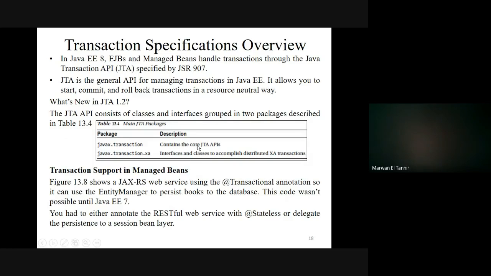One is for normal transactions, transactions that run on the same server, and one is for distributed transactions. Remember, sometimes we have distributed databases, and sometimes we have distributed transactions, transactions that will run on different servers. So the classes for the JTA API are in these two packages.